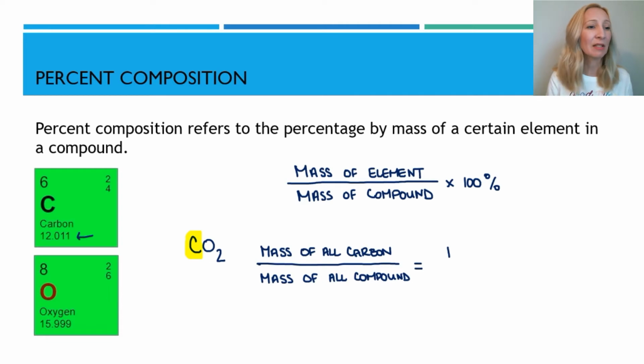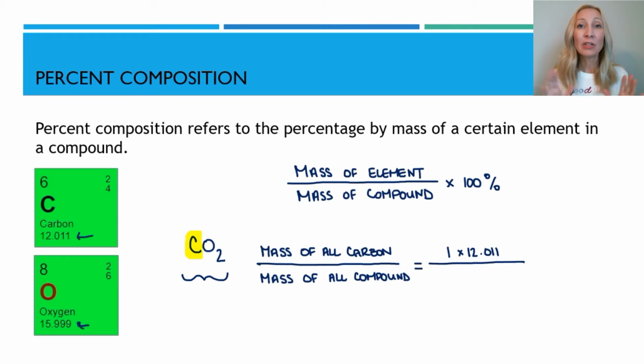So let's look at the mass of the carbon, 12.011. That is the atomic mass of carbon, and there is one carbon atom in carbon dioxide. So 1 times 12.011 is my numerator. That is the mass of just the carbon. The denominator is going to be the mass of the entire compound. So one carbon with a mass of 12.011 plus 2 oxygens, each with a mass of 15.999.